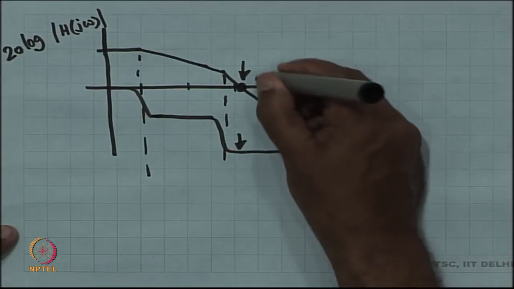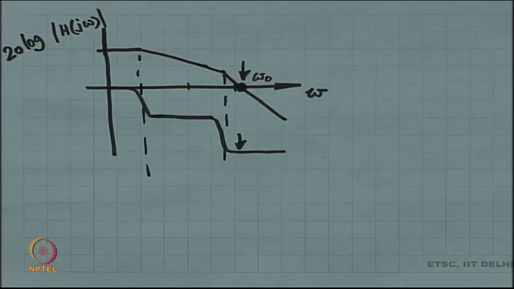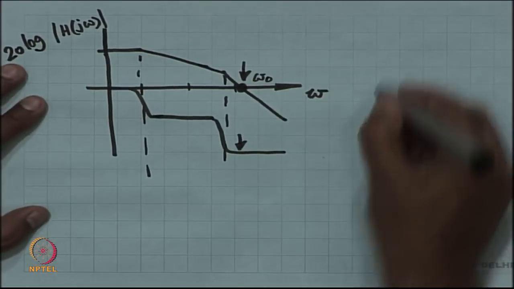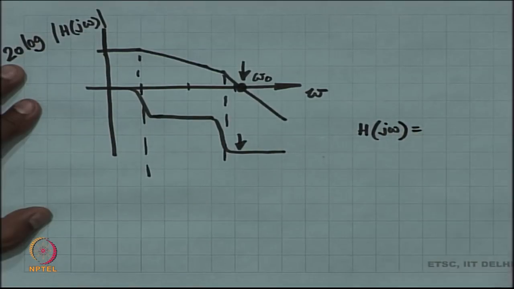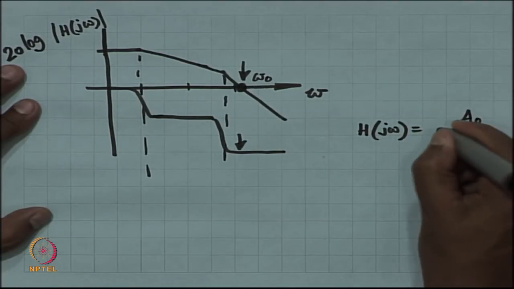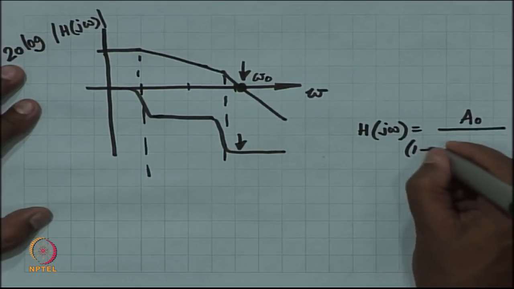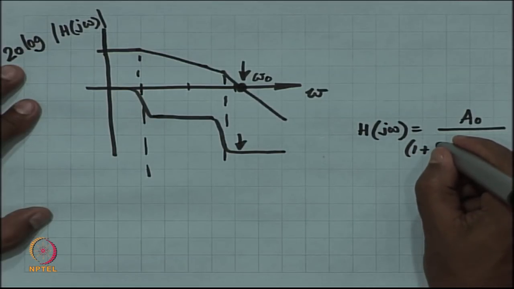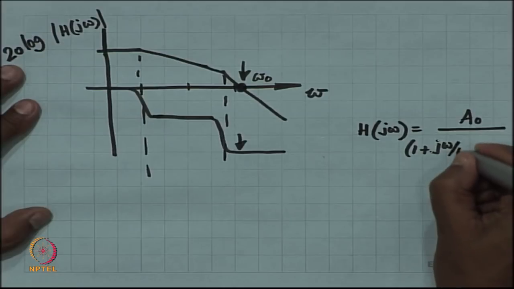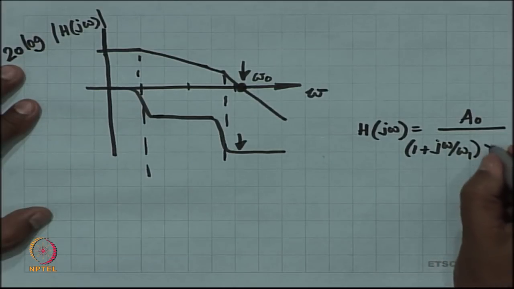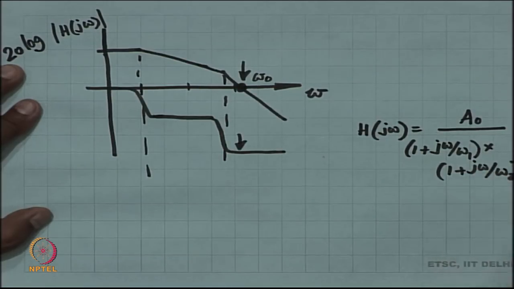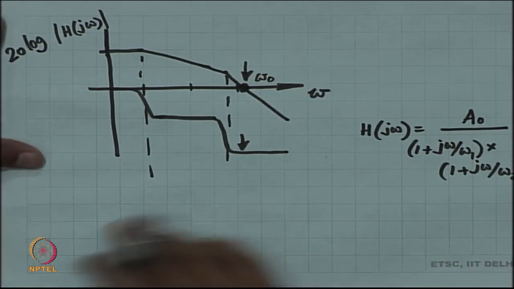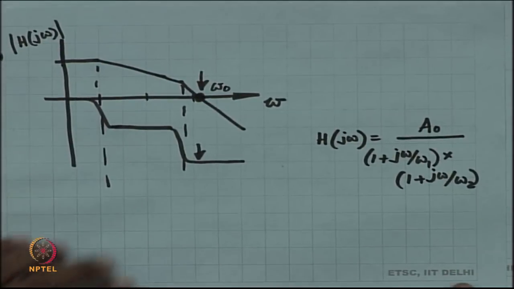So, my first question is what is omega naught, the unity gain frequency, and for that, h of j omega was equal to some constant divided by 1 plus, where omega 1 and omega 2 were the two poles of the system.